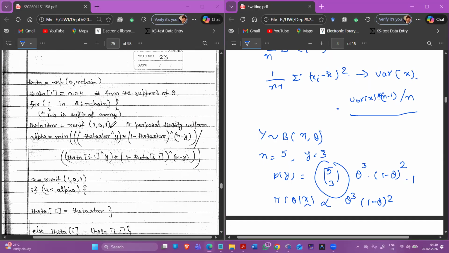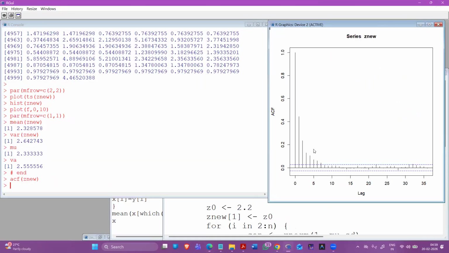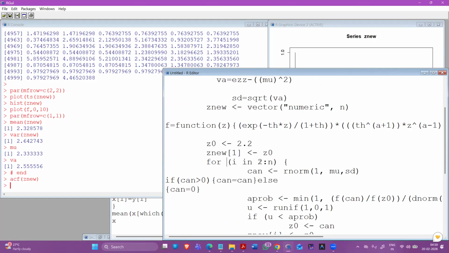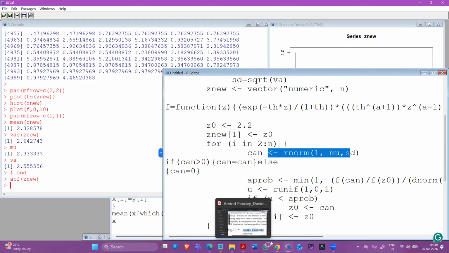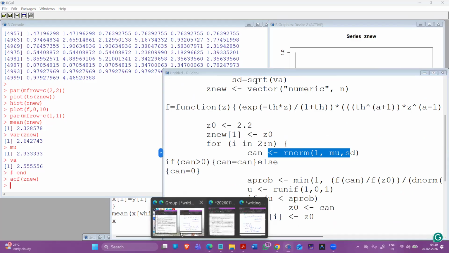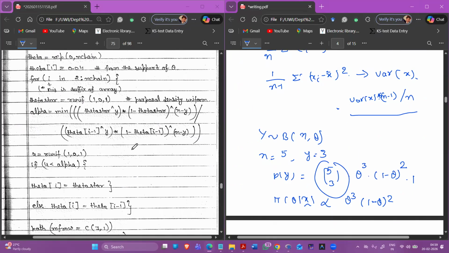I cannot take the normal distribution here. Earlier in the Metropolis algorithm I was taking the normal distribution, but I cannot take it here because my observations lie between 0 and 1.